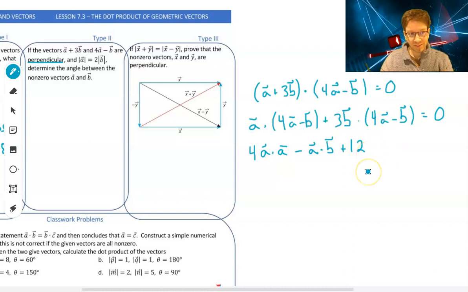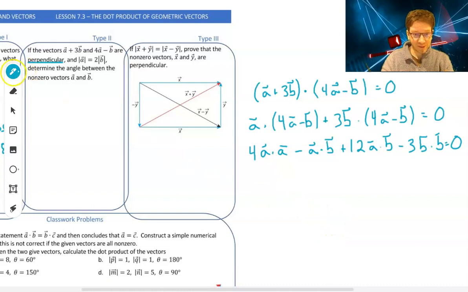That's our other property, right? A dot b is the same as b dot a. And if I write it as a dot b, you can see that we can collect like terms there. And then lastly, 3b multiplied by minus b, using the dot product, gives us negative 3 times b dot b. And that all equals 0.